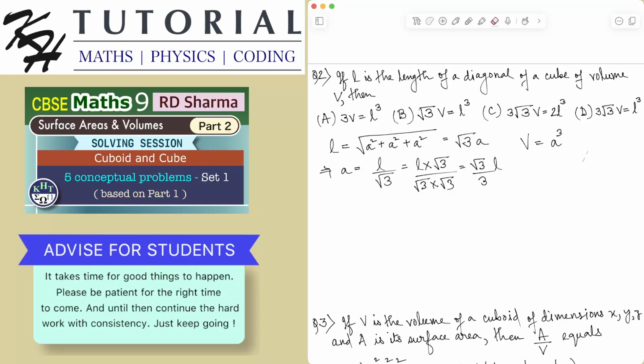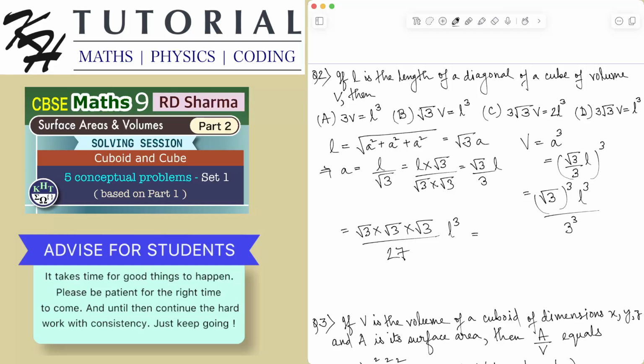So then A cube is equal to square root of 3 by 3 into L, cube of this. This is equal to square root of 3 cube L cube divided by 3 cube. This is equal to square root of 3 cube is square root of 3 multiplied by square root of 3 multiplied by square root of 3, and we have divided by 27 multiplied by L cube.